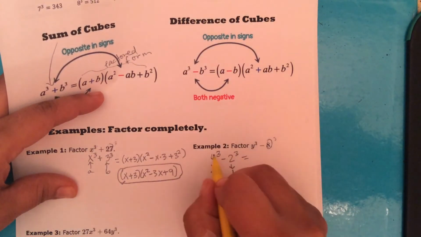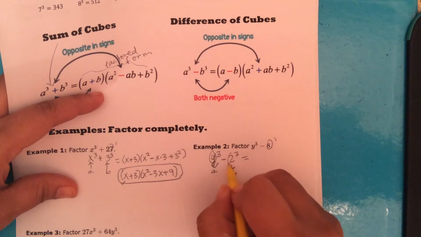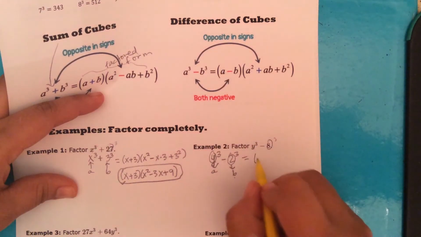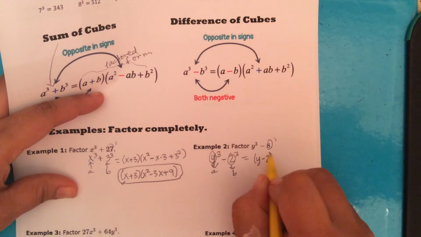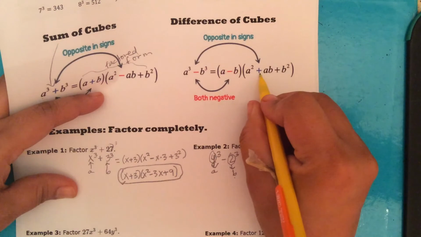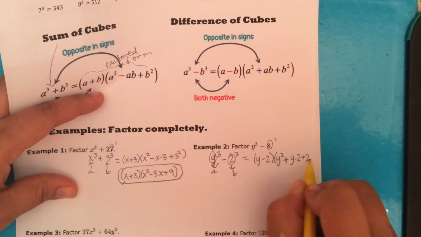So all you got to do is plug in the y in for a and the 2 in for the b. So you're going to have y minus 2 times y squared plus, so now that changes to a plus, and it's y times 2 plus 2 squared.